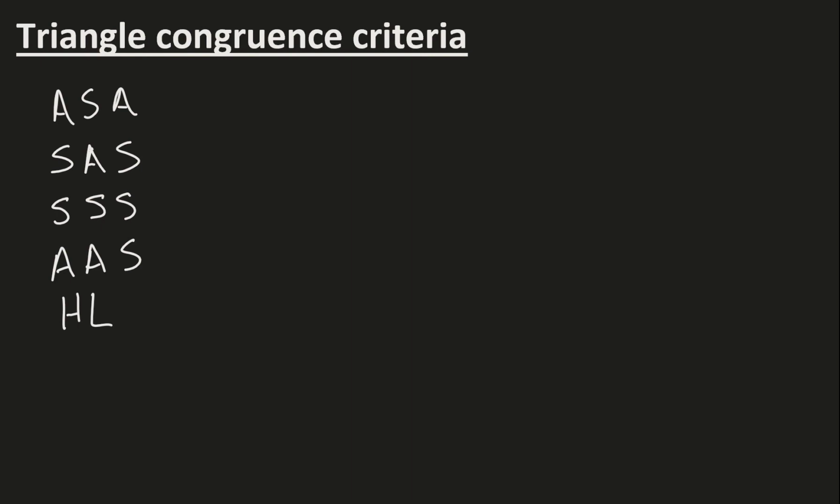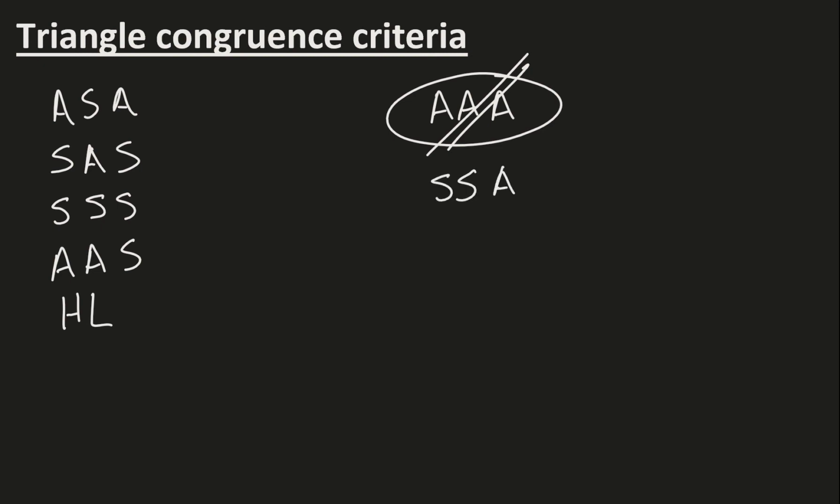Now there are some things that we consider that are not triangle congruence conditions, right? If you've got 3 angles in one triangle congruent to 3 angles in another, that is not a triangle congruence condition, simply because of the fact that those triangles can be scaled up or down. Another one that we considered was side side angle, and the reason why this didn't work out was it turns out that there's possibly two different triangles there.